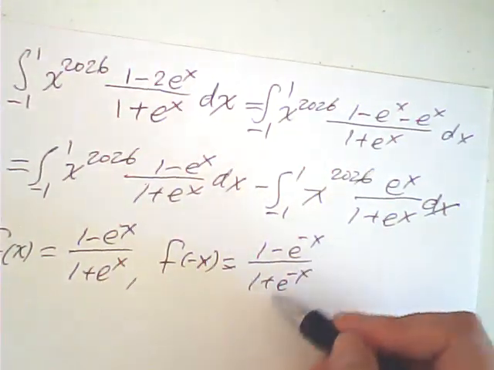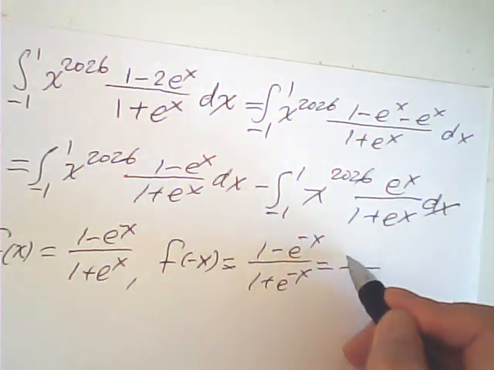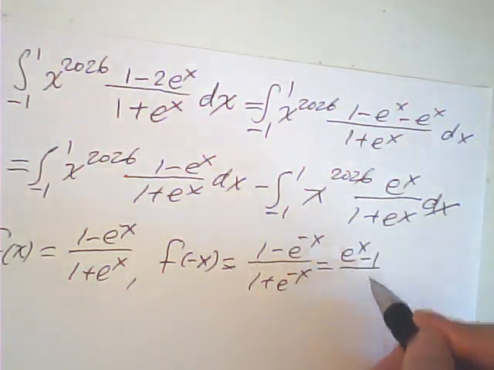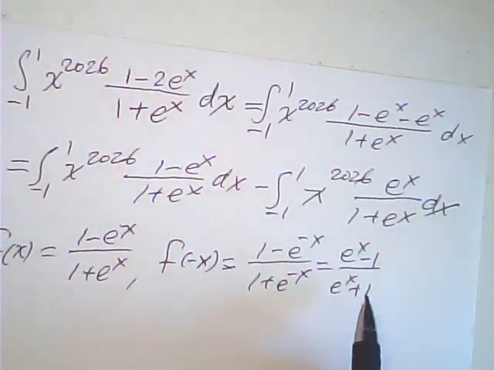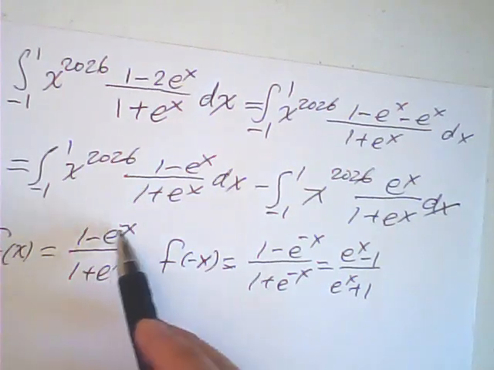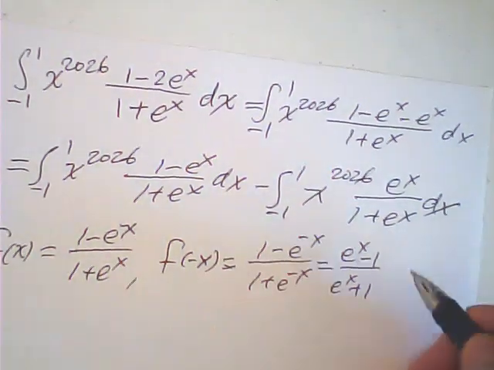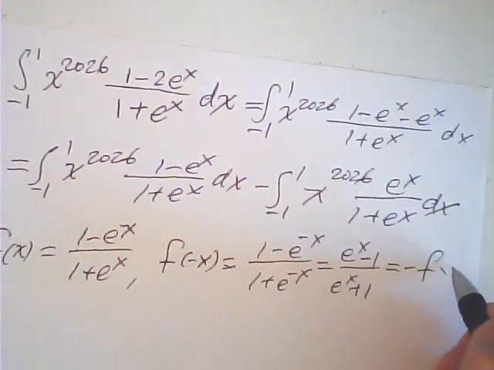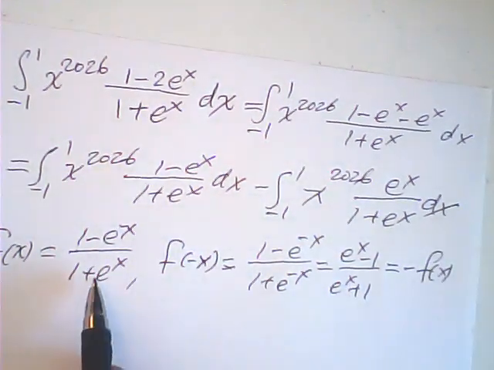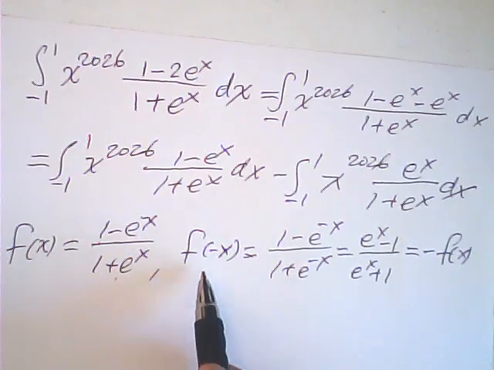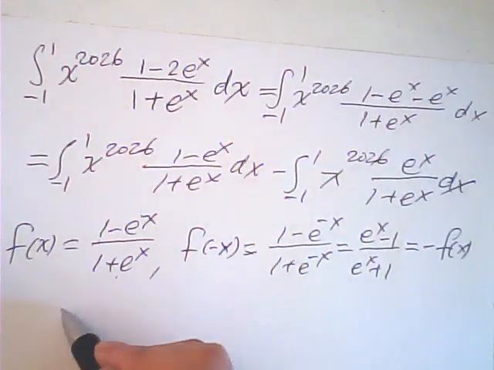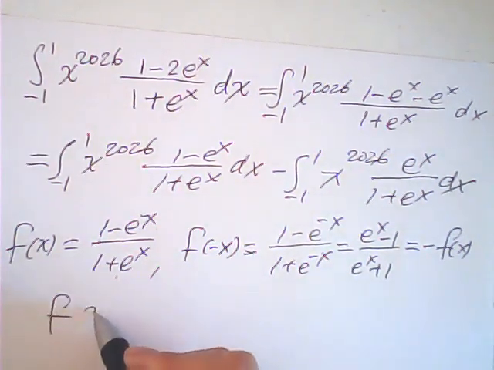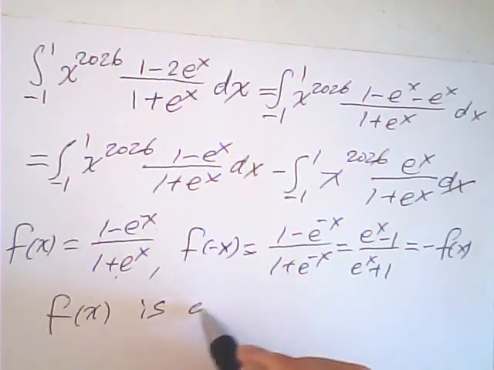Then if I multiply by e^x, this is e^x minus 1 over e^x plus 1. Now this one compared to this one, this is just the negative of f. So f of negative x is equal to negative f of x. So f of x is odd, right? It is an odd function.